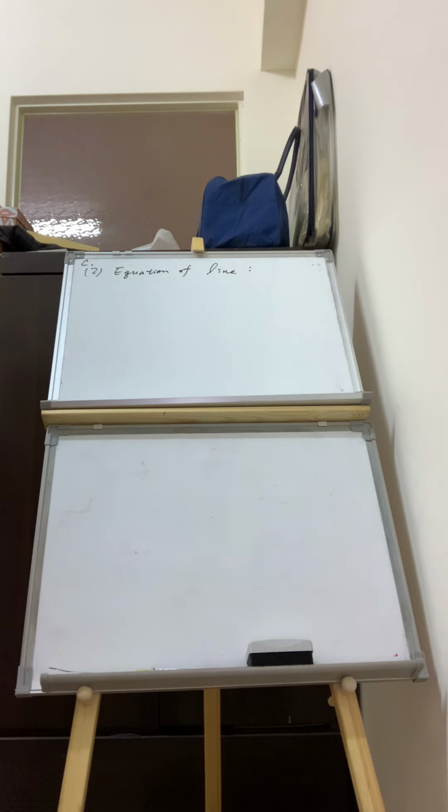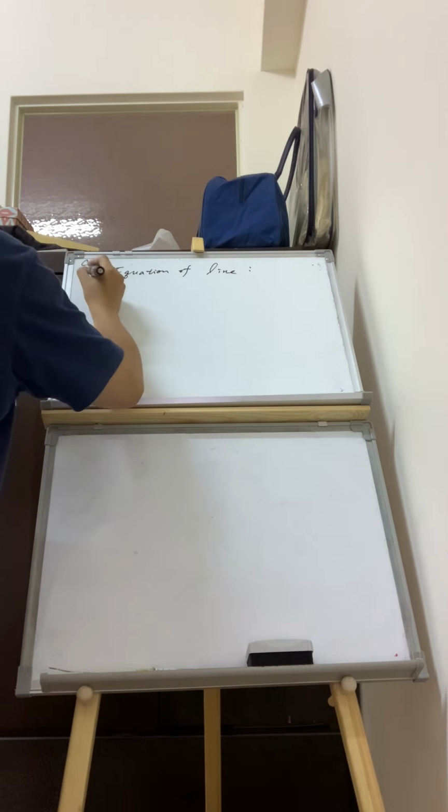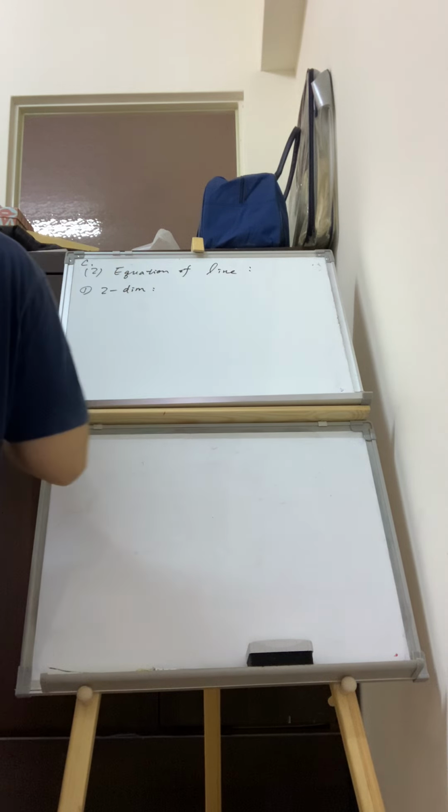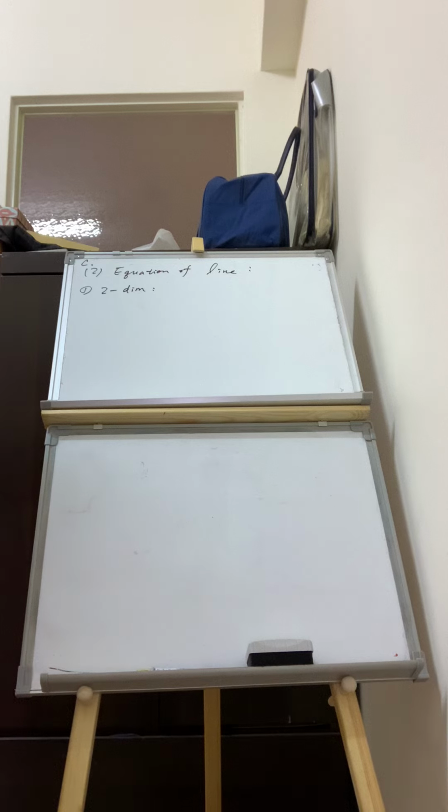But before that, because I would like to give you a general result, let's see the situation in the two-dimensional case. In the two-dimensional case, it's just the xy plane.